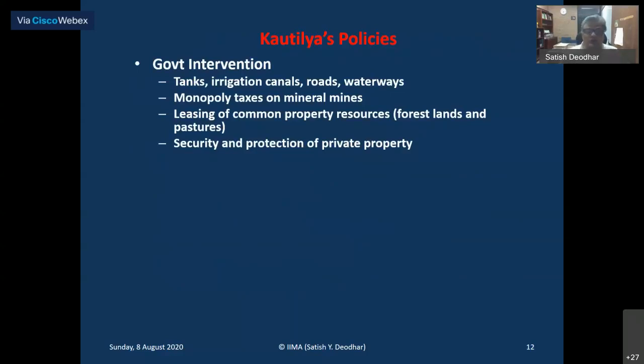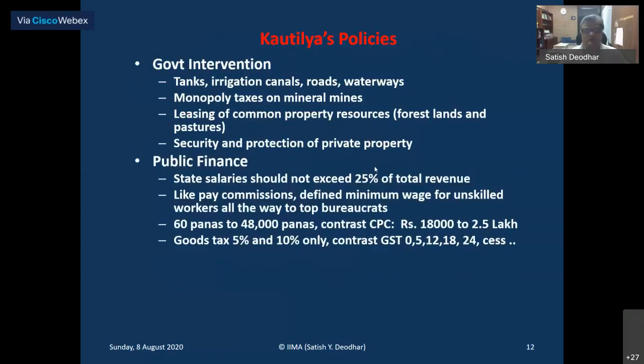And that is what Kautilya was talking about 2,300 years ago. He also talks about security and protection of private property. He also talks about public finance. He talks about state salaries not exceeding 25% of the total revenue. And like modern day, you have this CPC, right?